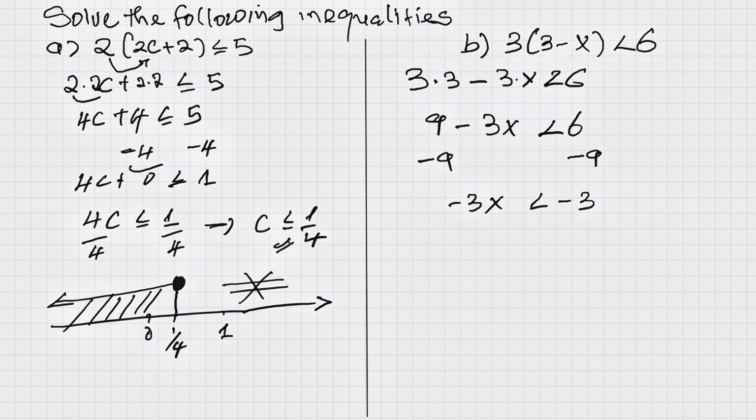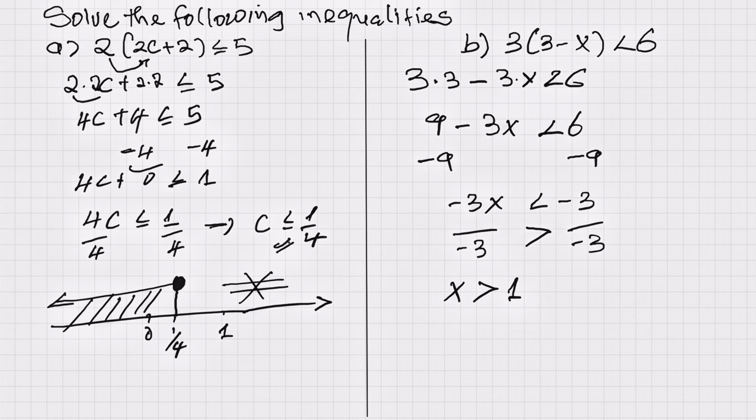We are going to divide both sides of this inequality by negative 3. But remember, when dividing an inequality by a negative number, this inequality sign will change to greater than. The inequality sign always changes when you are dividing the inequality by a negative number. So we have x is greater than 1.